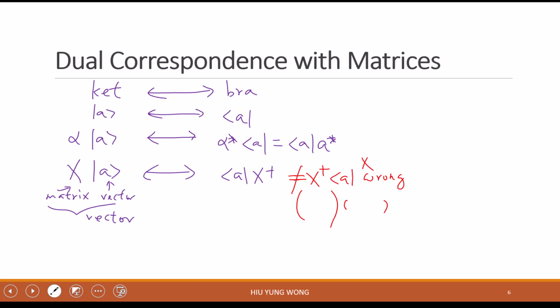This doesn't work. Naturally, this one works because it is row times n, so n times n. Of course, to memorize it's easy. Bra becomes ket, and matrix becomes matrix dagger, and you just need to swap the order because you know that it's not going to work. So this is another correspondence.